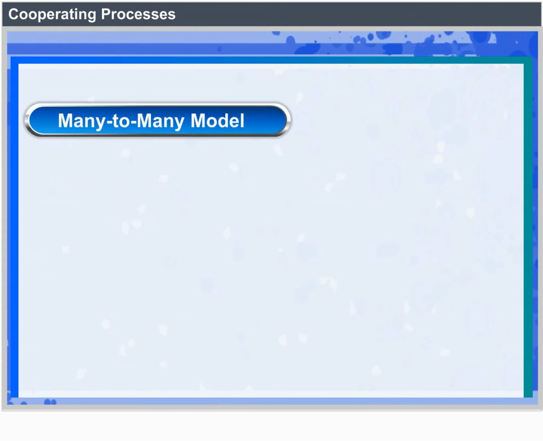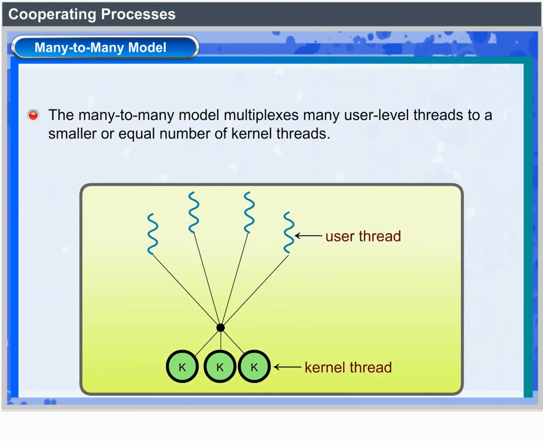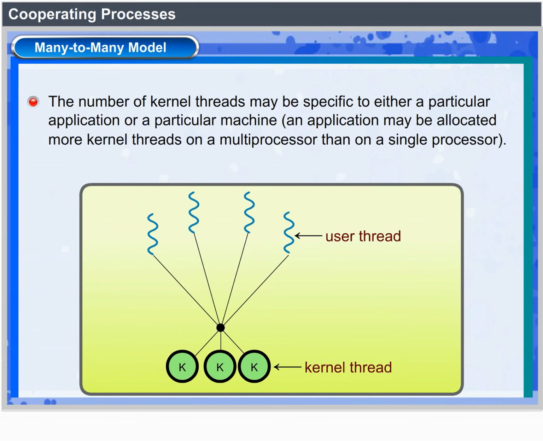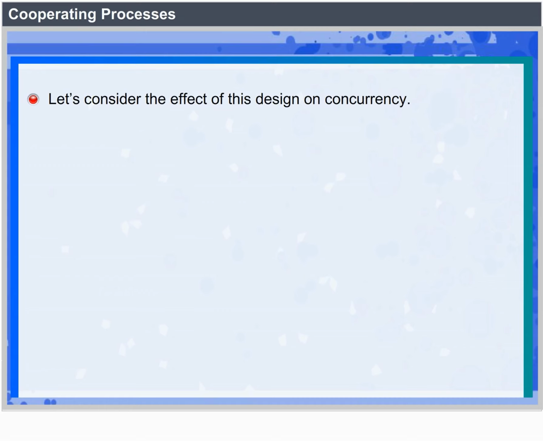Many-to-many model. The many-to-many model multiplexes many user-level threads to a smaller or equal number of kernel threads. The number of kernel threads may be specific to either a particular application or a particular machine. An application may be allocated more kernel threads on a multiprocessor than on a single processor. Let's consider the effect of this design on concurrency.